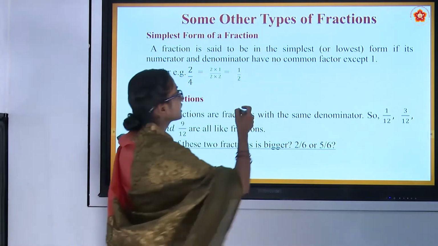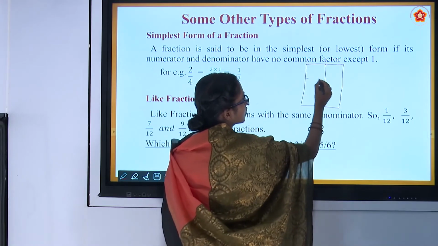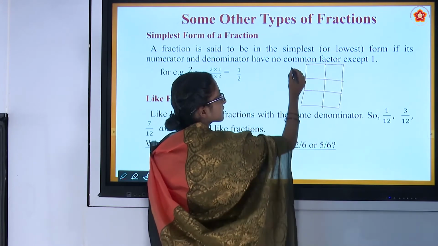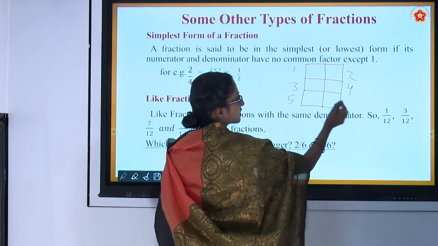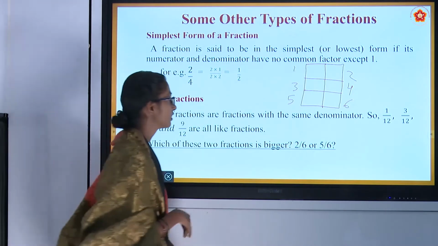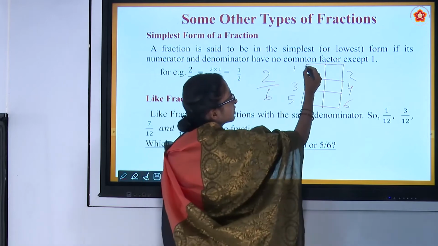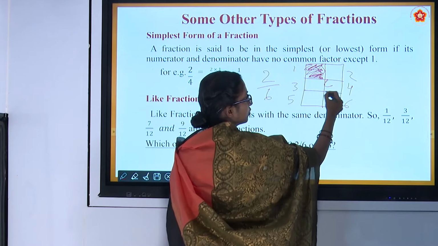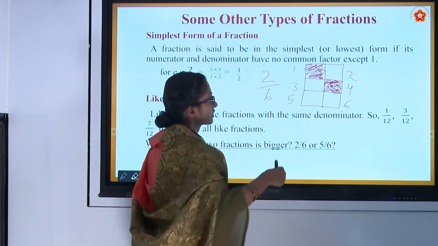See, by drawing: 1, 2, 3, 4, 5, 6. 6 whole is 6. For 2 by 6, I am shading 1, 2. So 2 parts are shaded among 6 parts.